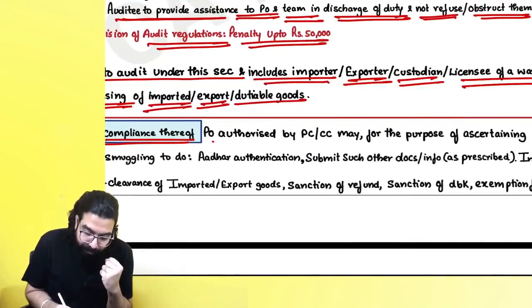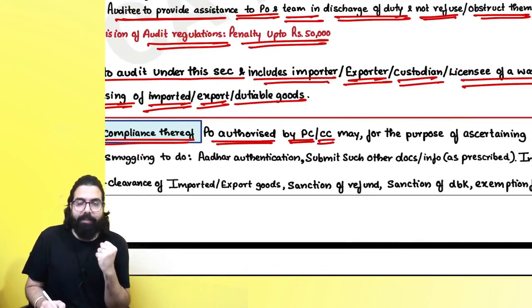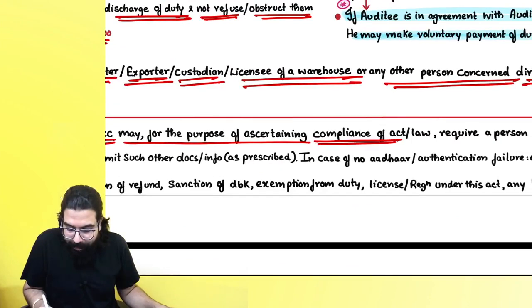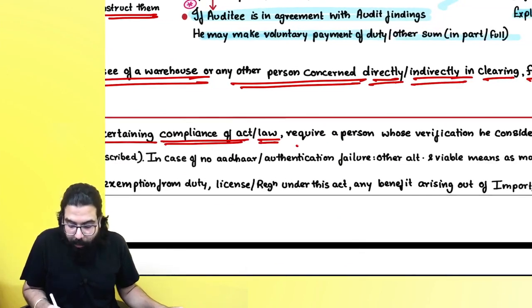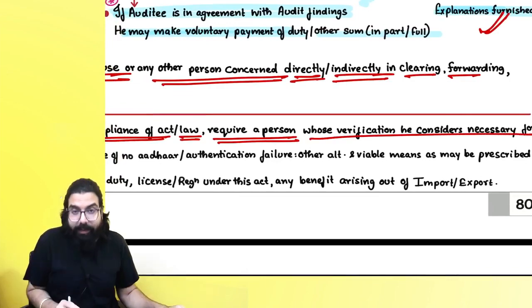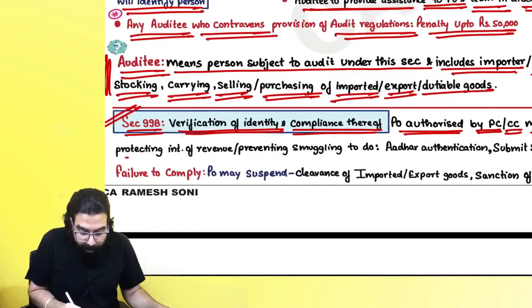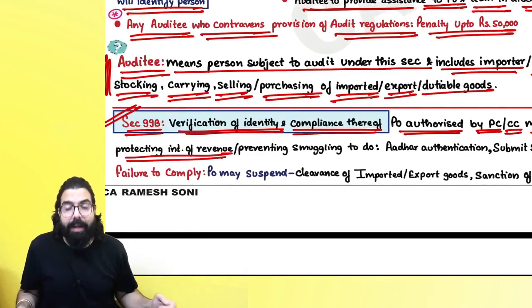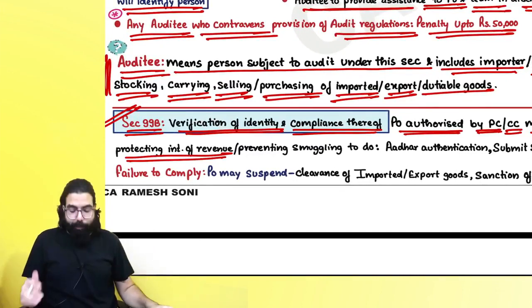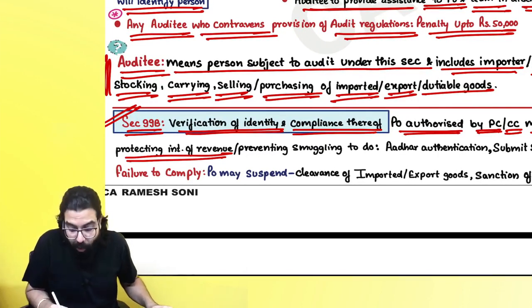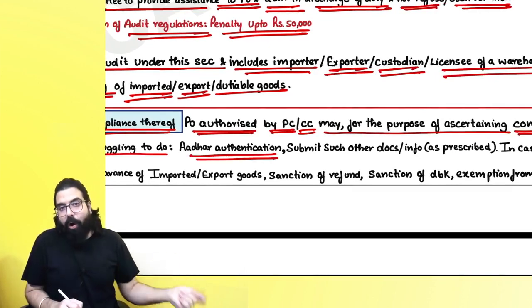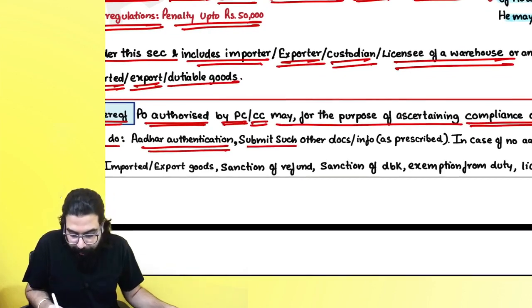Sir, if the proper officer authorized by the principal commissioner or commissioner of customs, for the purpose of ascertaining compliance under the Act, considers verification of a person necessary for protecting the interest of the revenue or preventing smuggling, then they can ask you to do Aadhaar authentication and submit such other documents or information as may be prescribed.